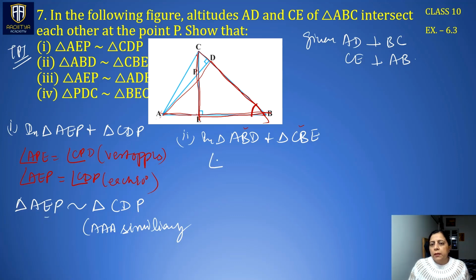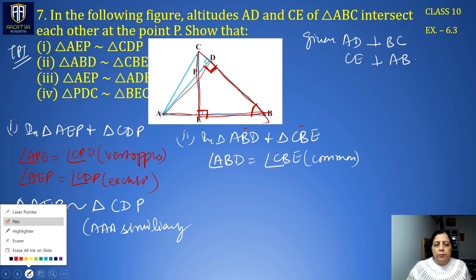So you can write angle ABD is equal to angle CBE. This is common part. Okay, what else do we have? In triangle ABD, you can see that this angle is 90 degrees. In ABD, this is 90, and in CBE, this angle is 90.